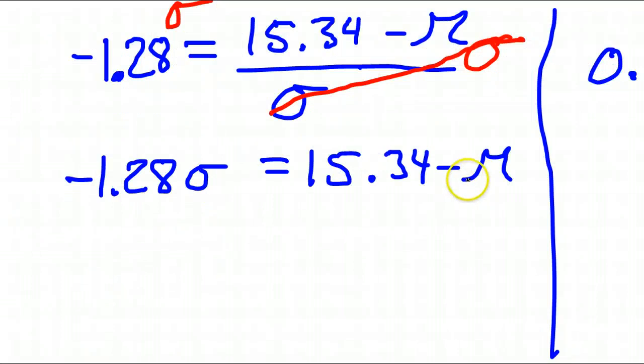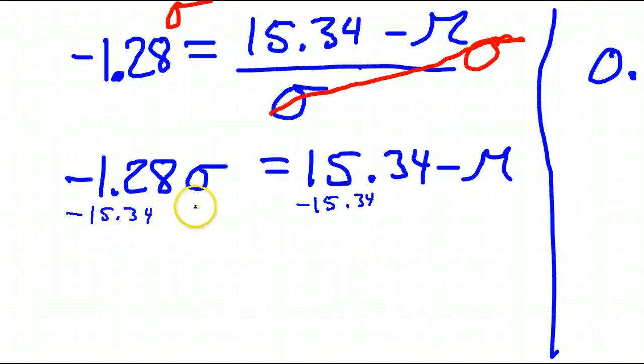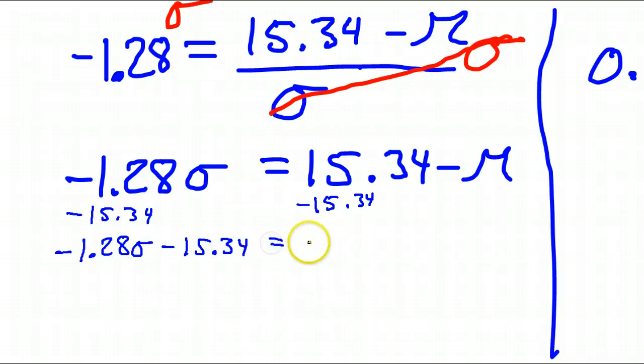Now I'm going to go ahead and get this mean by itself by subtracting 15.34 from both sides. I can't put these together because they're not like terms. This one has standard deviation, this one doesn't. But what I have so far is negative 1.28 standard deviation minus 15.34 is equal to negative mean.